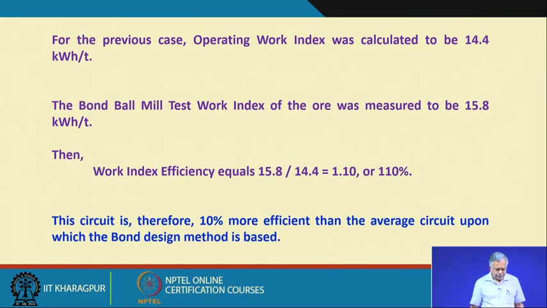Let us see that. For the previous case, with the numbers I have given, we calculated the operating work index to be 14.4 kilowatt hour per ton. Now, suppose you have performed the Bond ball mill test and you have got a work index of 15.8 kilowatt hour per ton for that particular material.